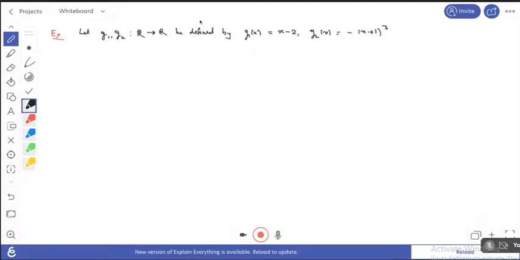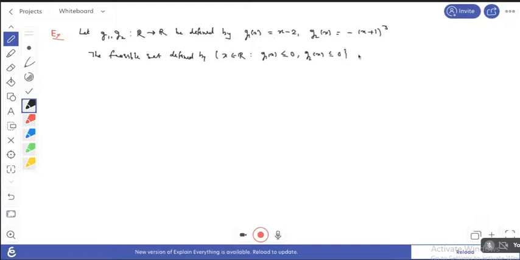These two are inequality constraints. In that case, the feasible set is defined by the collection of all x that belongs to R such that g1(x) is less than or equal to 0, because this is subject to the constraints, and g2(x) is also less than or equal to 0.